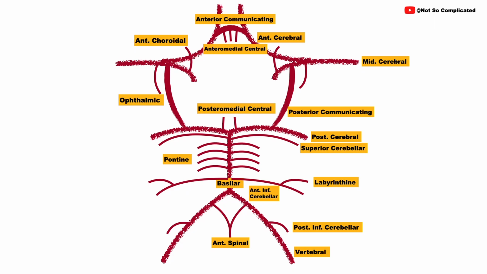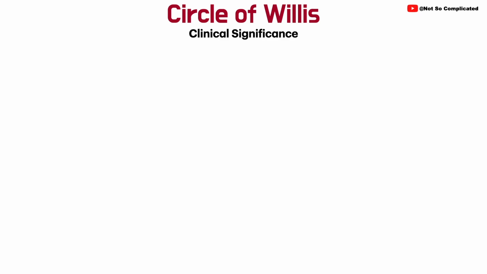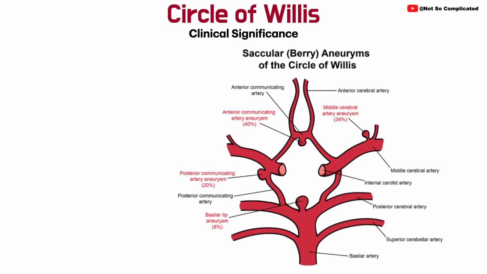Now if you have followed me from the beginning of the video, you might know all of this process. All right, so let's talk about the clinical significance or the clinical anatomy of the Circle of Willis. This is the aneurysm. Any aneurysm presenting in Circle of Willis is called a berry aneurysm or saccular aneurysm. It is not that there will be exclusively saccular aneurysm in the Circle of Willis, but the most common presentation of the aneurysm is like that.